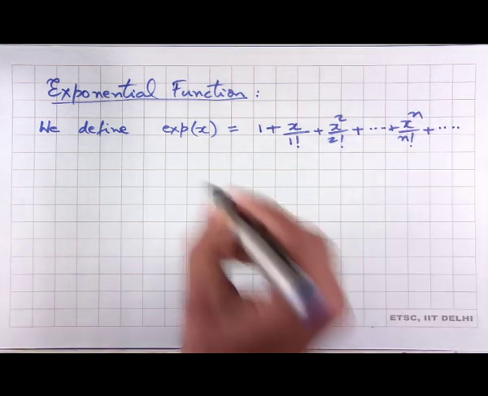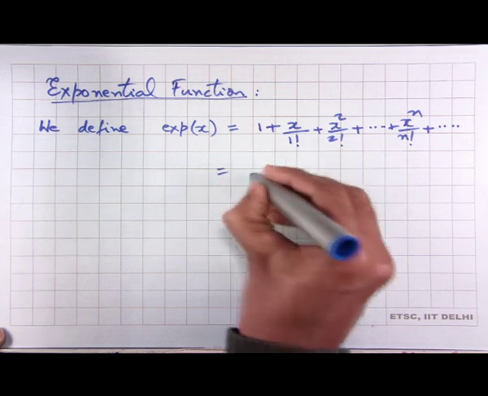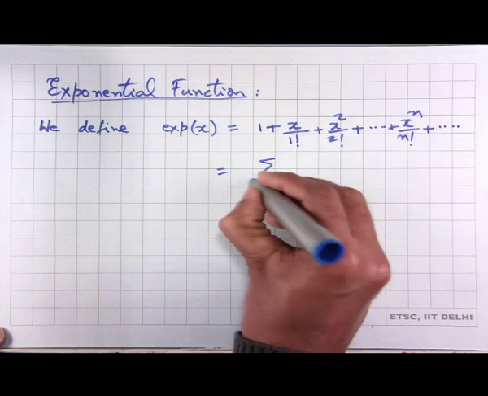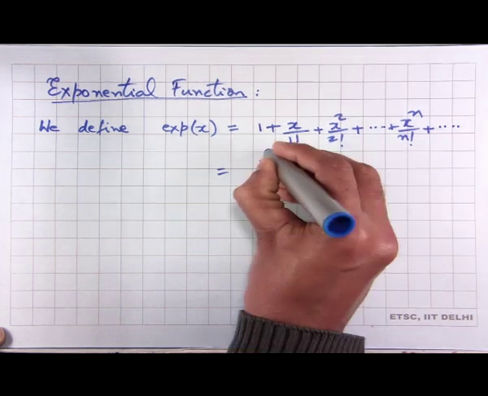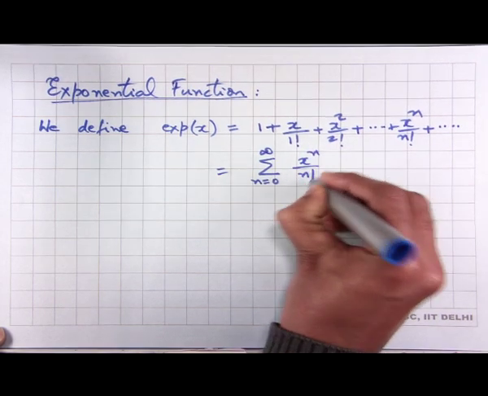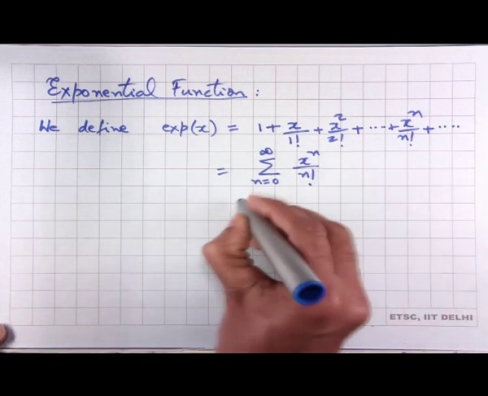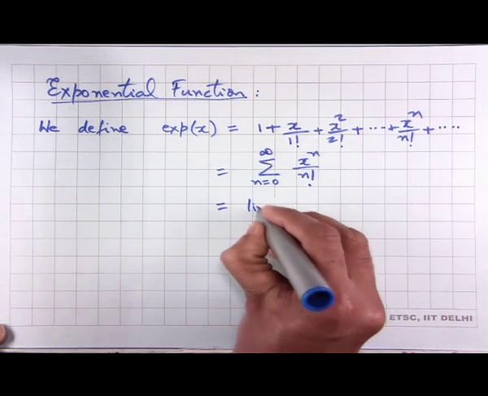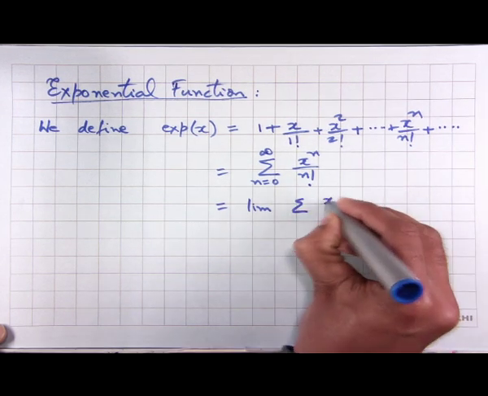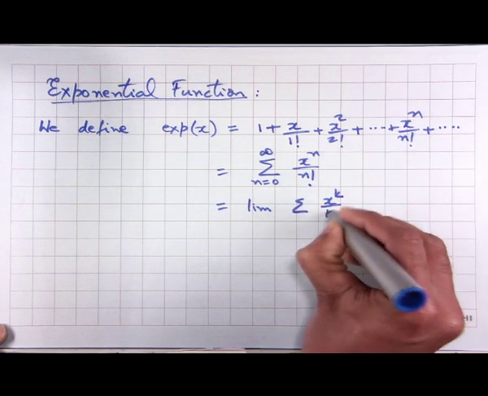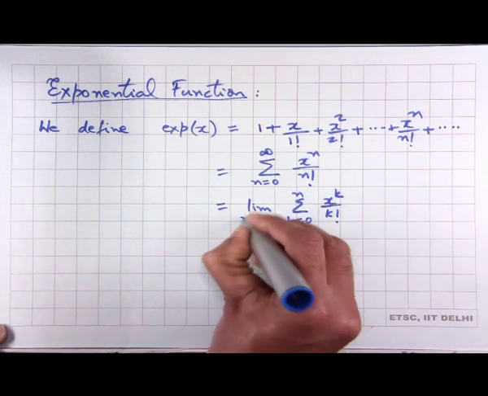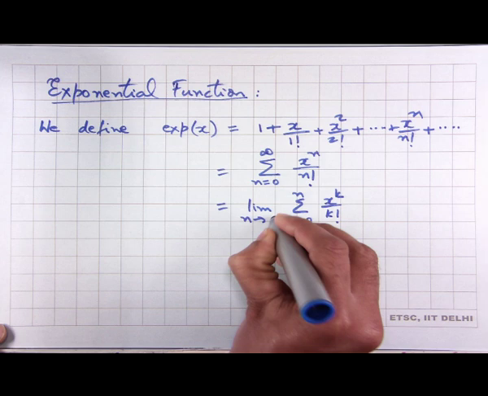This we also write as the summation of n equal to 0 to infinity of x to the n over n factorial, which is equal to the limit of the summation of x to the k over k factorial, k equal to 0 to n, as n approaches infinity.